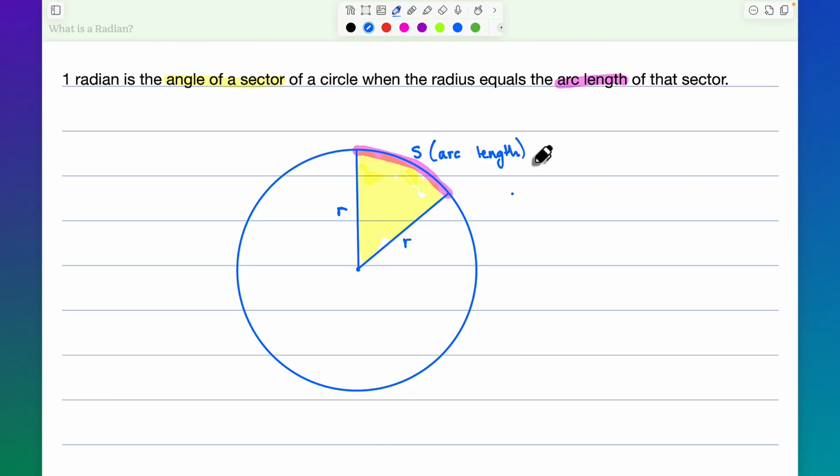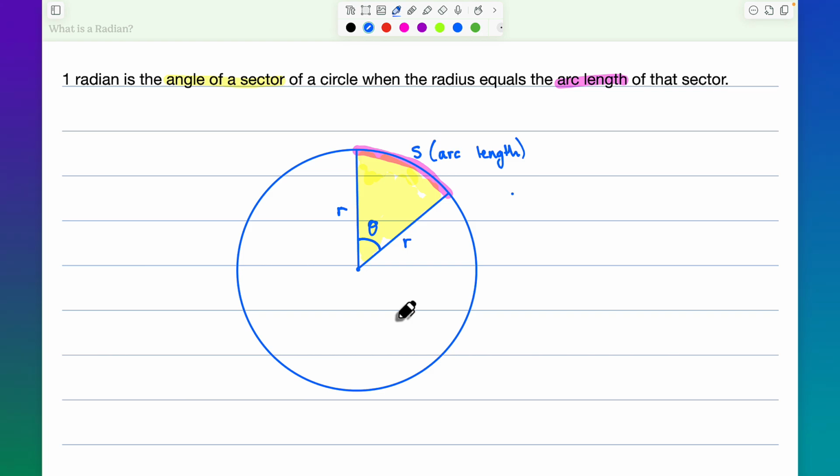This sector then has this angle, which we're going to call theta. As we said, we know degrees, so the angle in degrees could be 30 degrees, it could be 60, whatever it is, and if it goes all around the circle, it'll be 360 degrees. For degrees, we should be familiar with those in a circle.